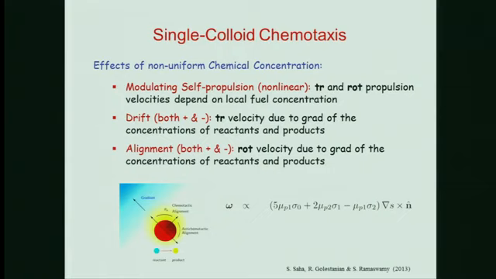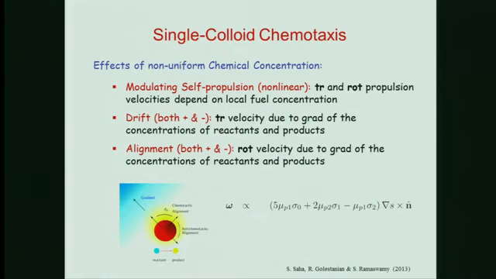To do that, you can study an individual colloid in an externally created concentration gradient, first to see what kind of phenomenology you have there, and then you can take the next step and say, now I assume this concentration gradient has come from another colloid, and mix them together and see what happens.